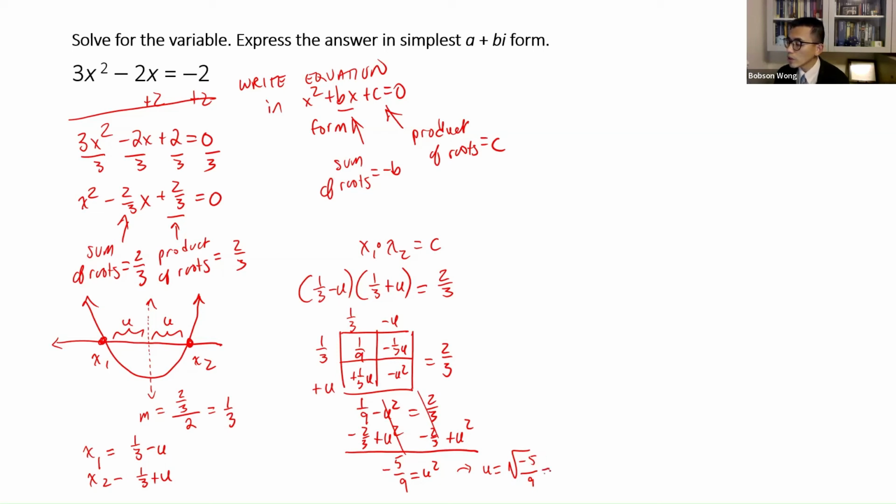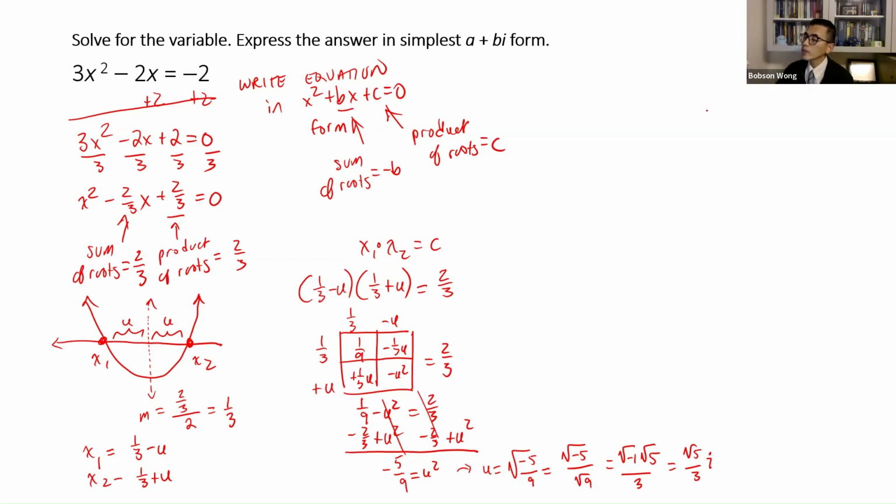Using the division property of radicals, that's going to be the square root of negative 5 over the square root of 9. The square root of negative 5 is the square root of negative 1 times the square root of 5. The square root of 9 turns out to be 3. We remember that the square root of negative 1 is i. And so u turns out to be the square root of 5 over 3 times i.